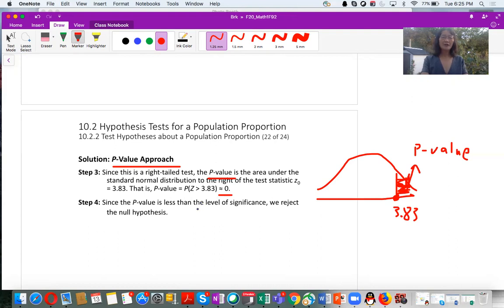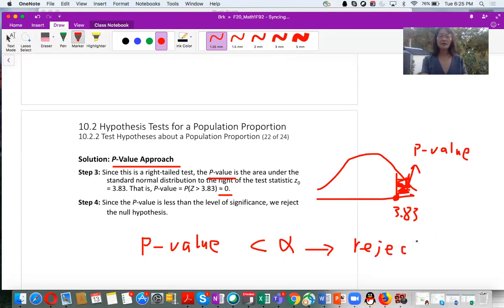Remember, when you get the p-value, compare the p-value with alpha. When the p-value is smaller than alpha, reject H0. This is universal truth. So in our situation, we get a p-value almost zero and alpha 0.05. So we conclude reject H0 based on the p-value method.